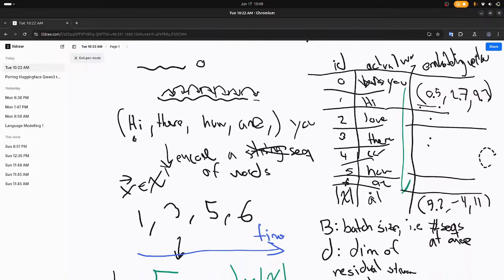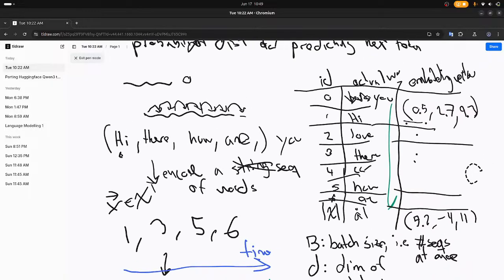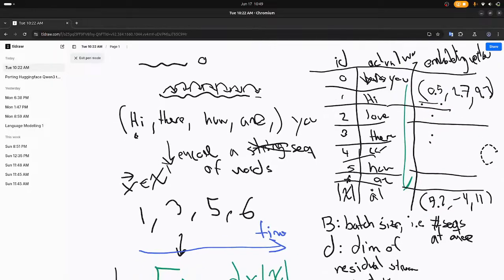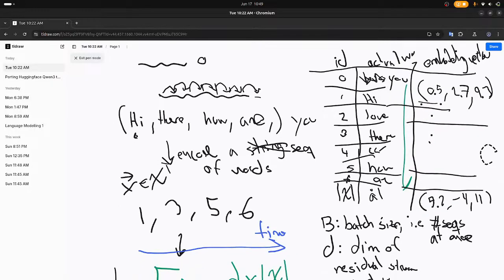And how do we do this? We first make a vocabulary where we give a number to each word in the dictionary. And so we think that someone is giving us this sequence of words, and they decided what counts as a token. And we list them so that we can work with numbers instead. And we say "hi there, how are": hi is 1, there is 3, how is 5, are is 6.